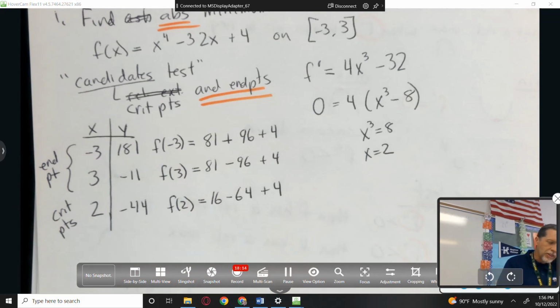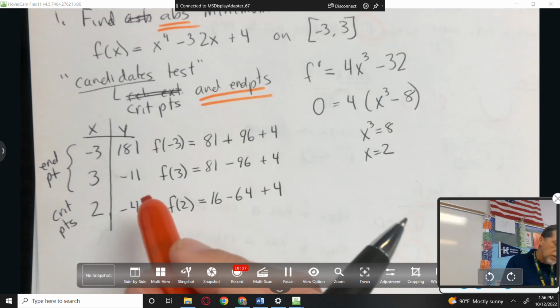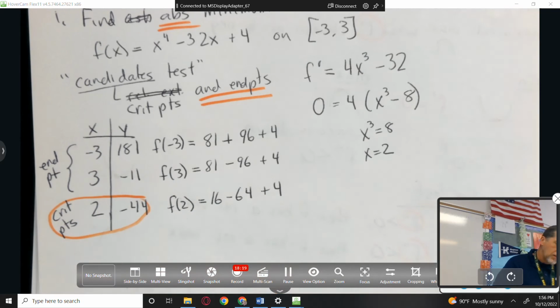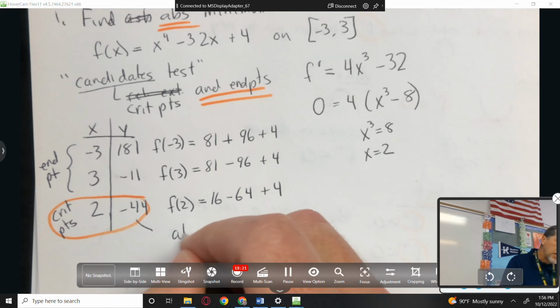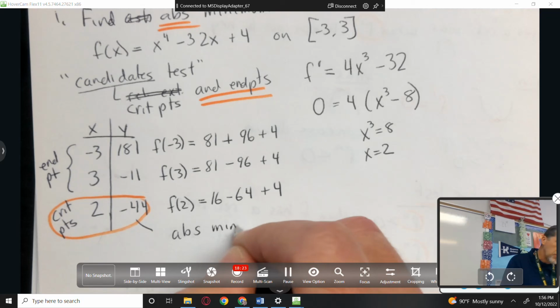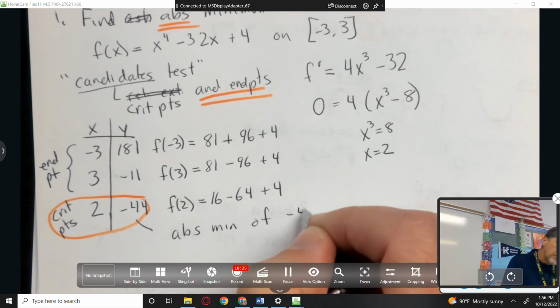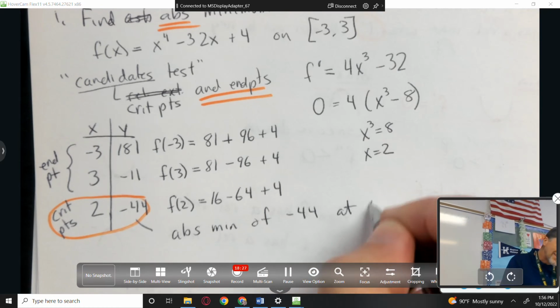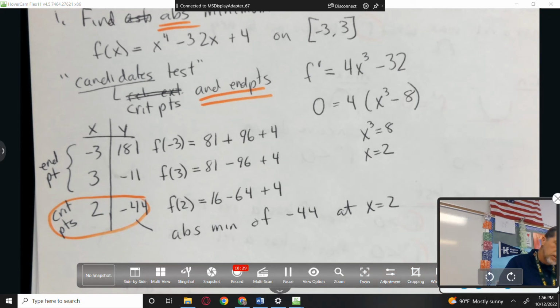So now I just look and say, well, the absolute minimum would be right there. Let's be careful how we say this. The absolute minimum of -44 at x equals 2.